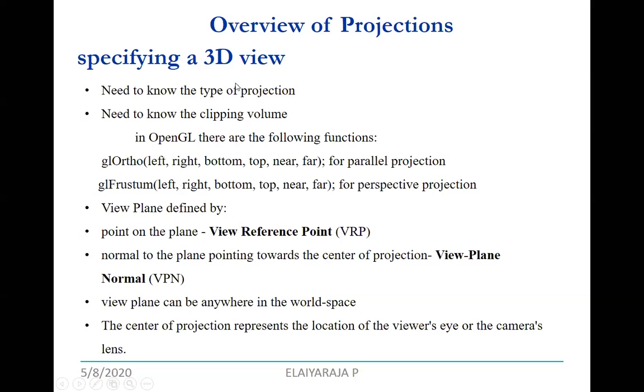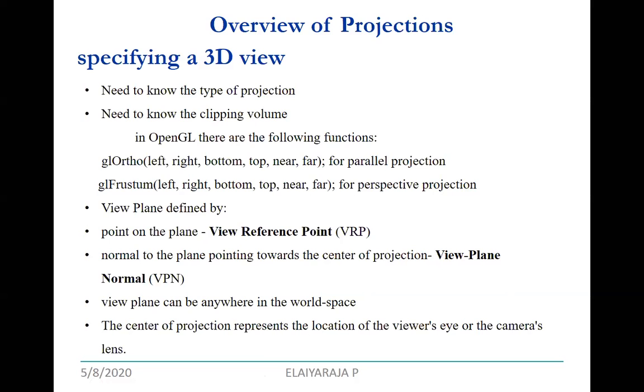And in general, your view plane is defined by a point on the plane, that is your viewing reference point, and a normal to the plane pointing towards the center of projection, the view plane normal. The view plane can be anywhere in world space, and the center of projection represents the location of the viewer or the camera's lens.